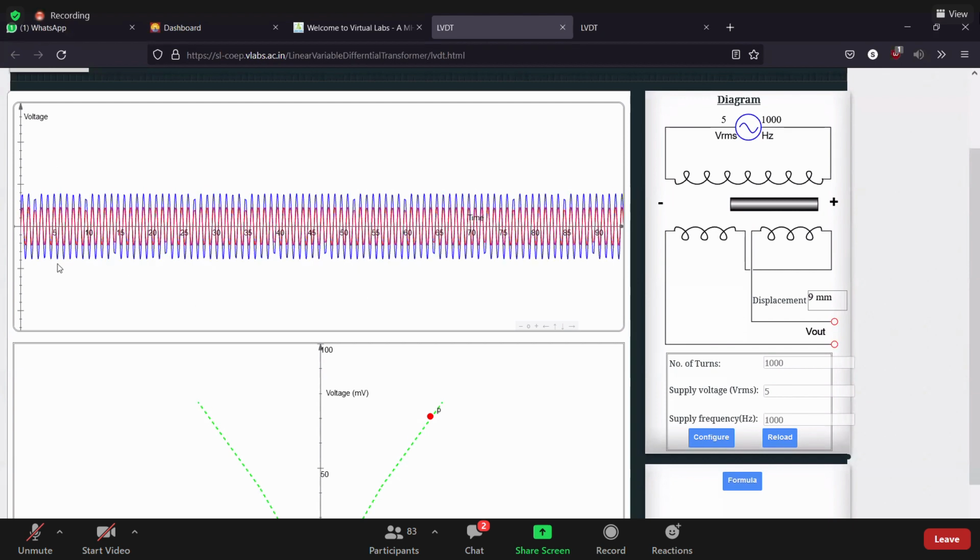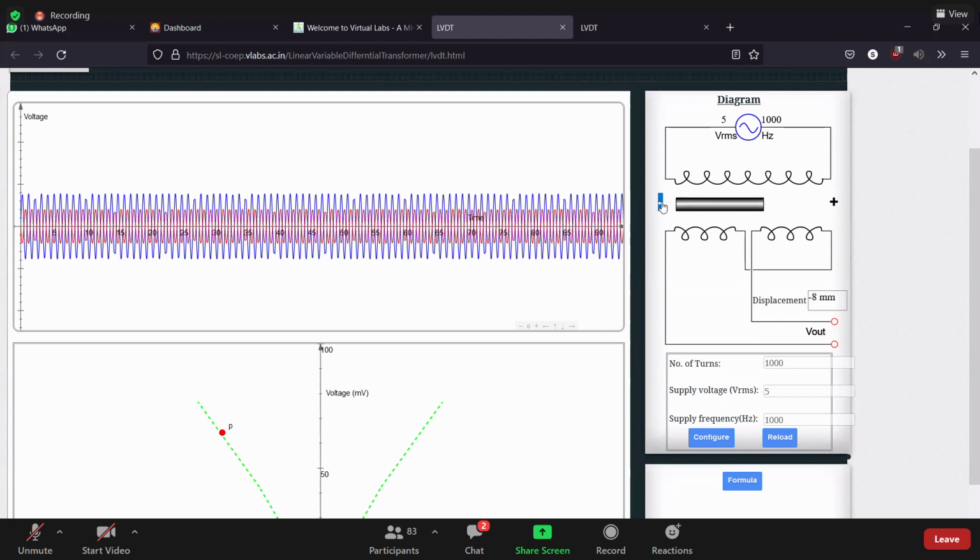So the red and blue one, both the graphs are in sync, sir. Correct. Move core towards left. So now they're out of sync. Right. Okay. Stop sharing.